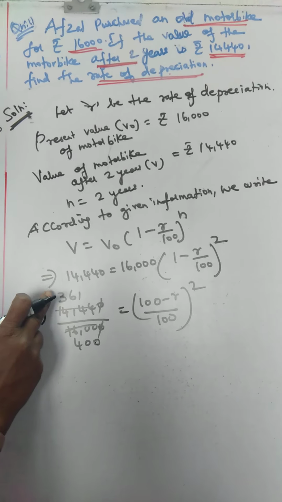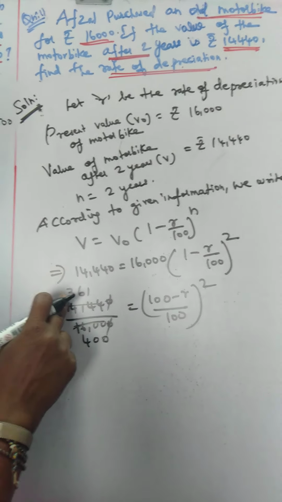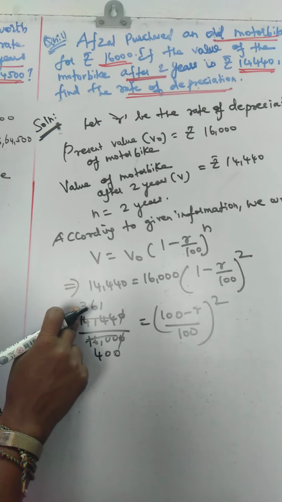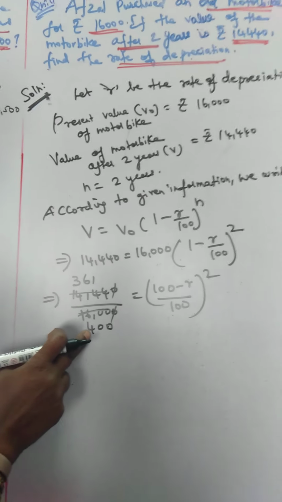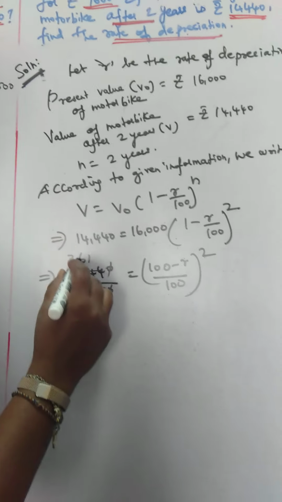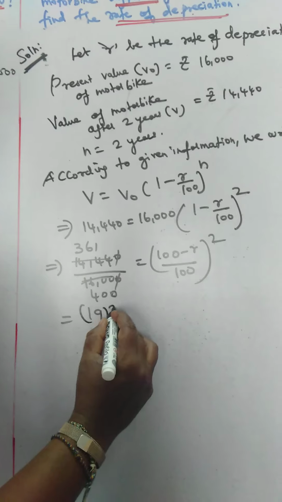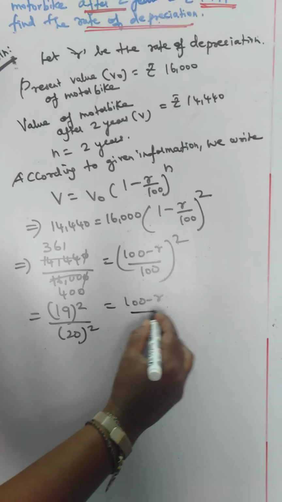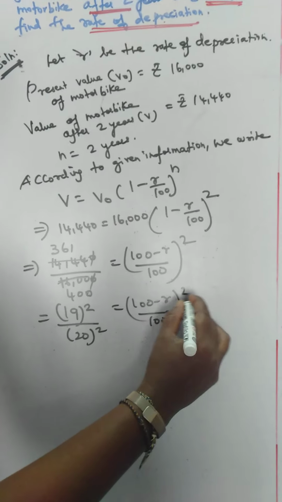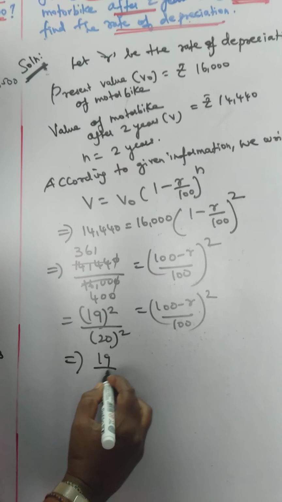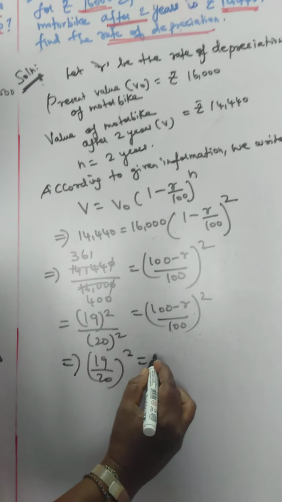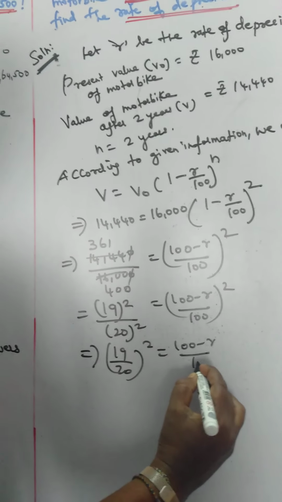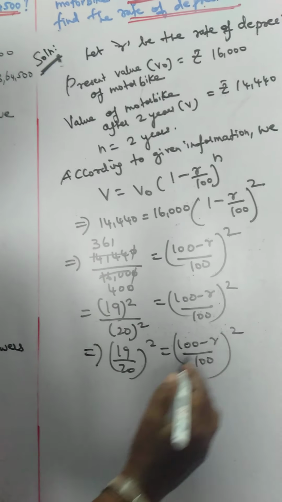Then we want to check what is the power here, according to it we want to check whether this is the square number of any number, and this also we want to check it. Yes, this is square of 19. Okay, 19 square by 20 square equals 100 minus r by 100 the whole square. So which implies 19 by 20 the whole square equal to 100 minus r by 100 the whole square.